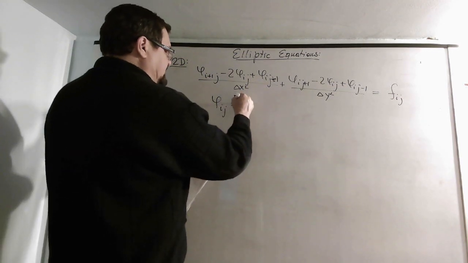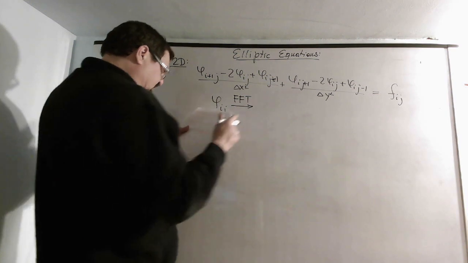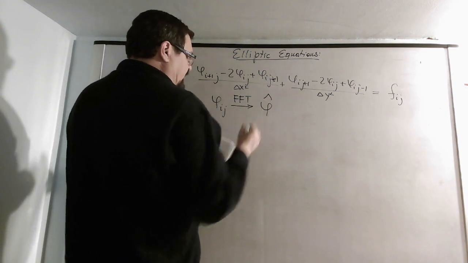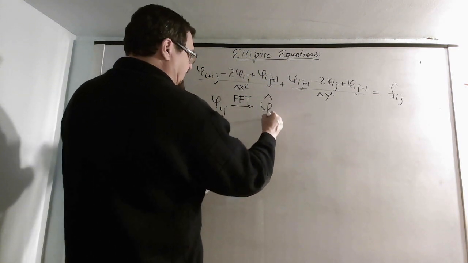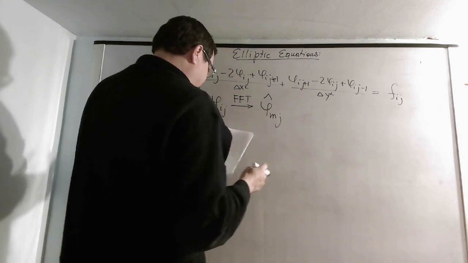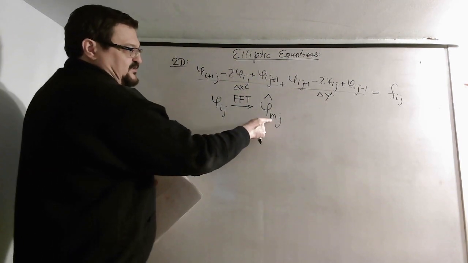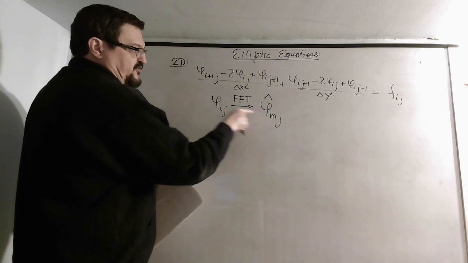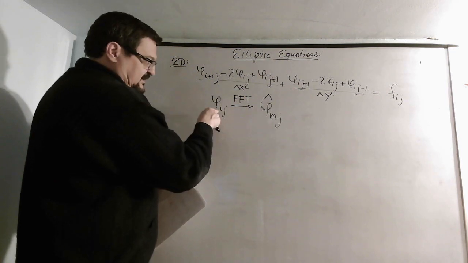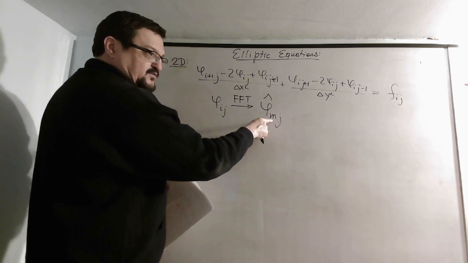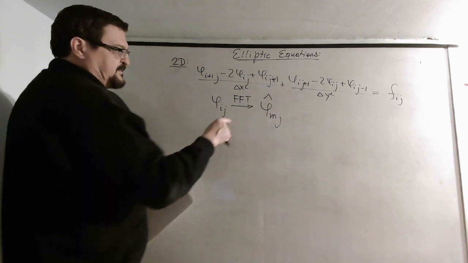Using FFT, fast Fourier transform, you now produce indices f m j. So you see m is your Fourier coefficient index, and there is a correspondence in Fourier space of phi m.